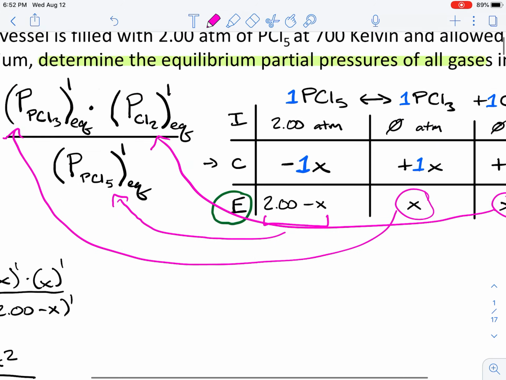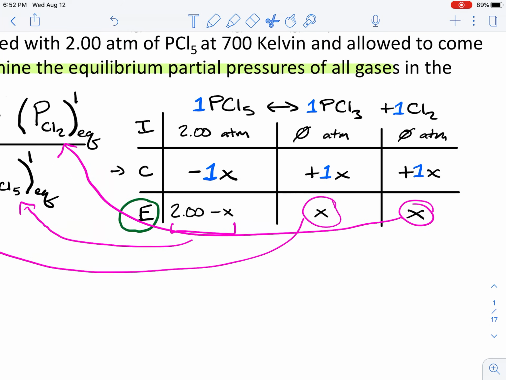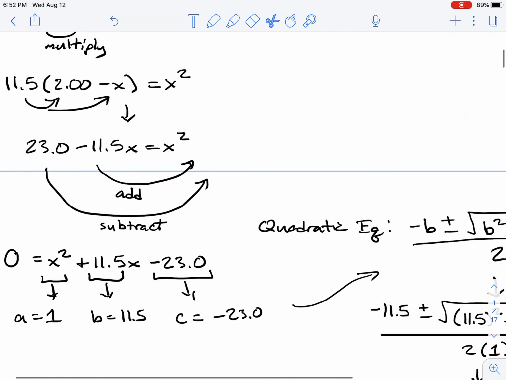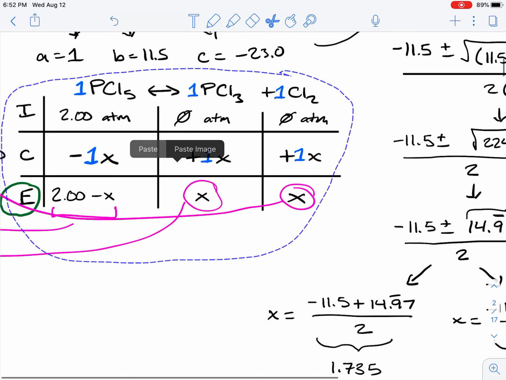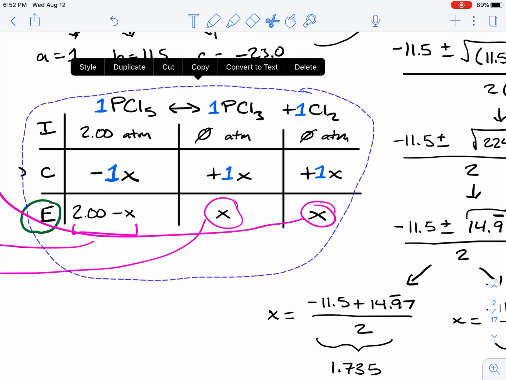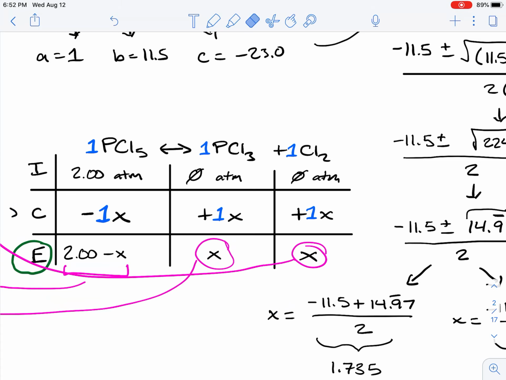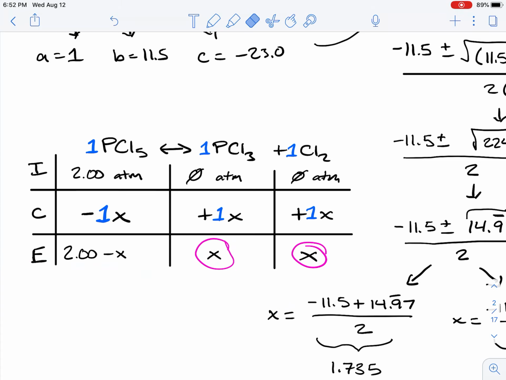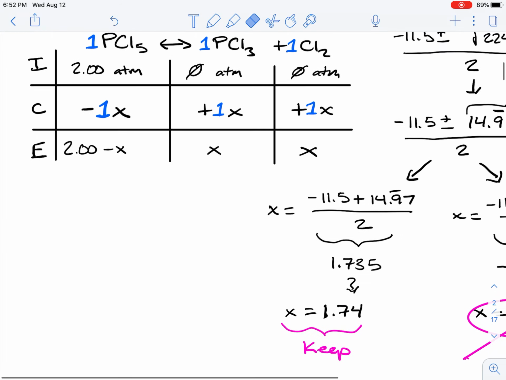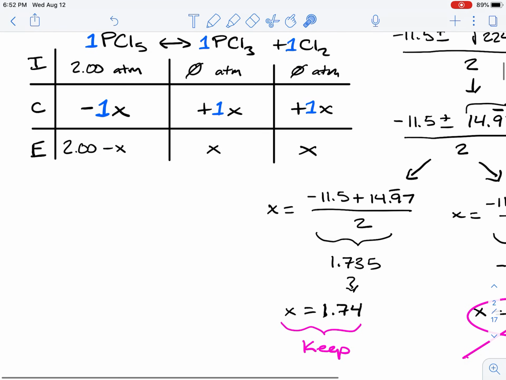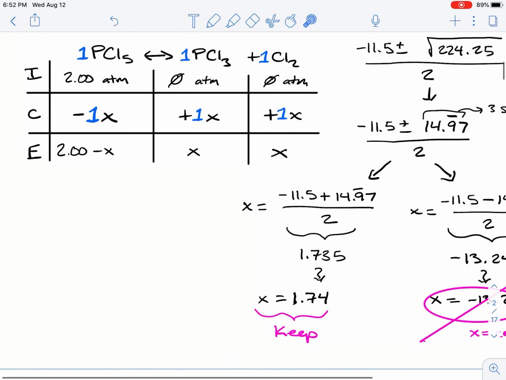And so I'm actually just going to copy and paste this real quick, so give me a second. All right. And so now that I have copied my ICE table so that we can all just see one screen, notice that the highest amount of a substance that we have is 2.00 atmosphere.